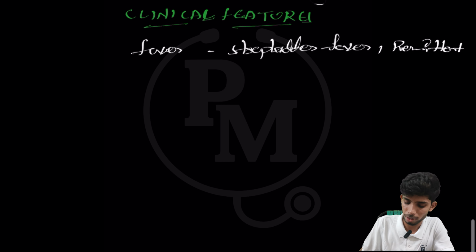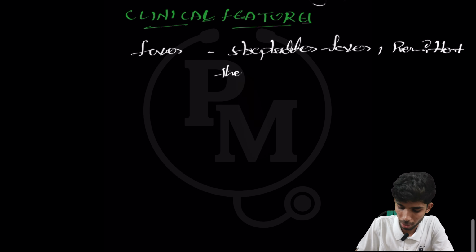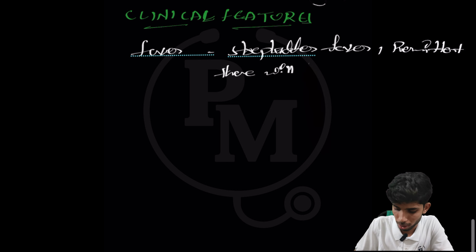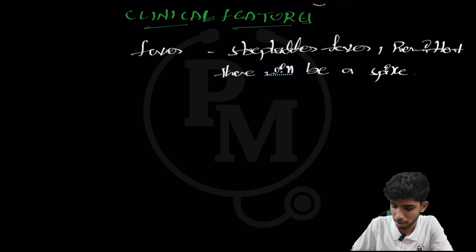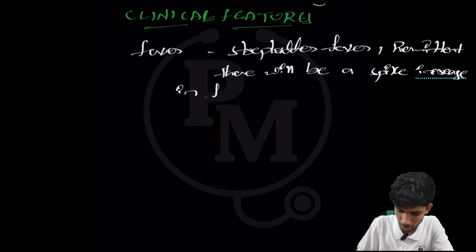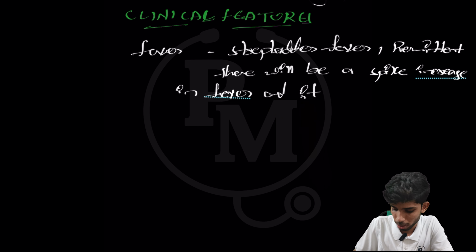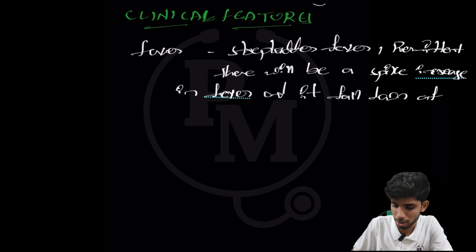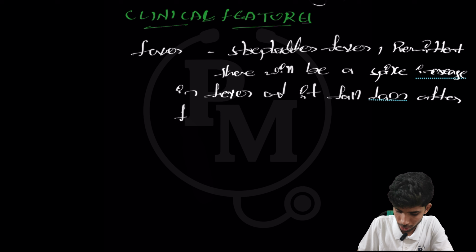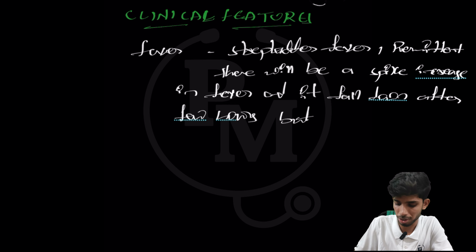Remittent means there will be a spike in fever, and it falls down after a few hours, but not to the normal range.